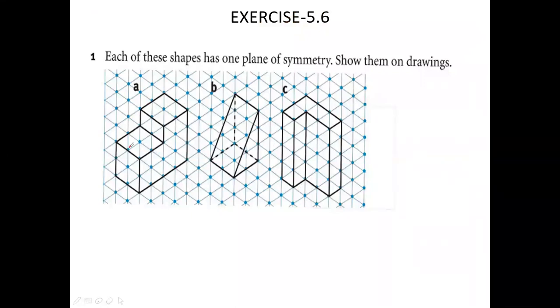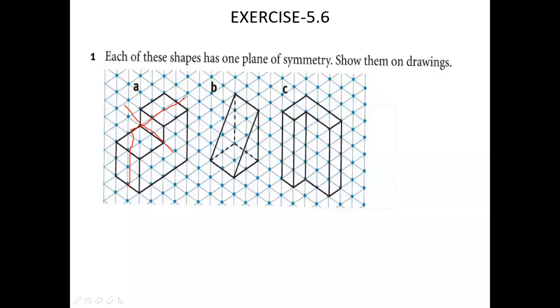Suppose I draw like this, is it a plane of symmetry? No. Suppose I draw from here, through these points, a plane which can touch this and divide this figure. These are 3D figures which we cannot show on a flat surface. You just have to imagine.